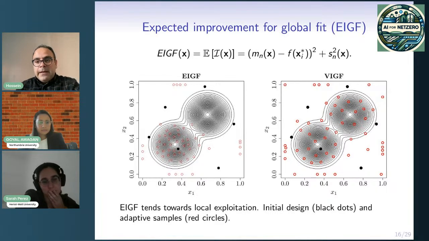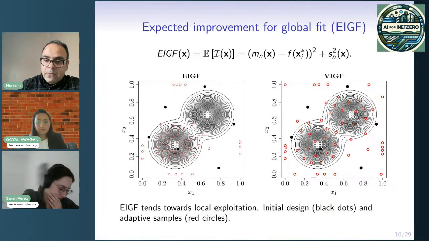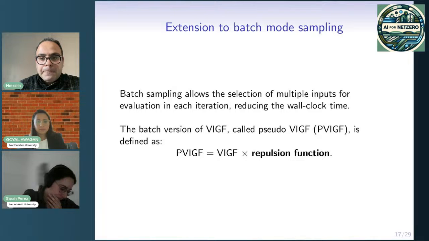We found that our method has a better coverage. In fact, the red circles now discover this area, and if you fit a Gaussian process emulator to all these data, we get a much better representation of this underlying function compared to EIGF.